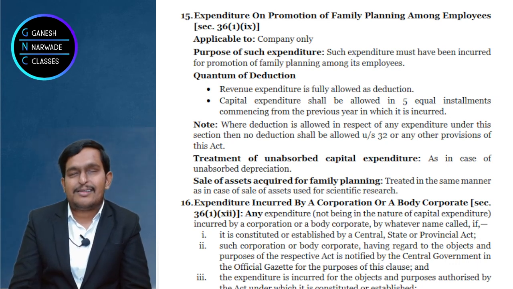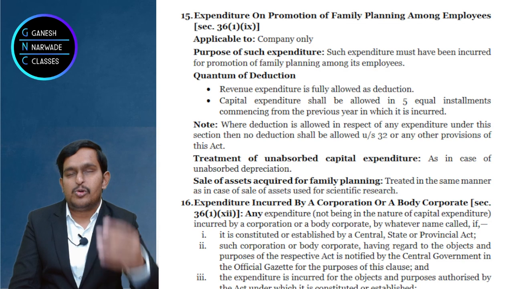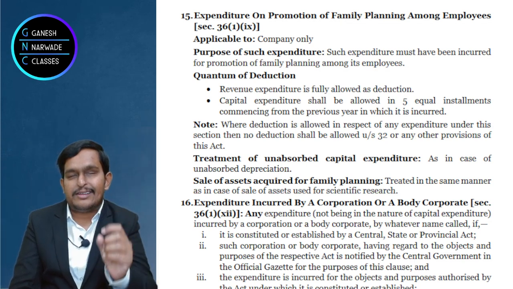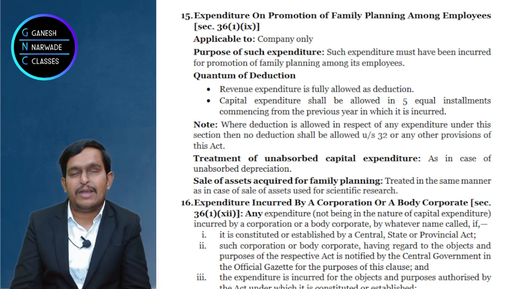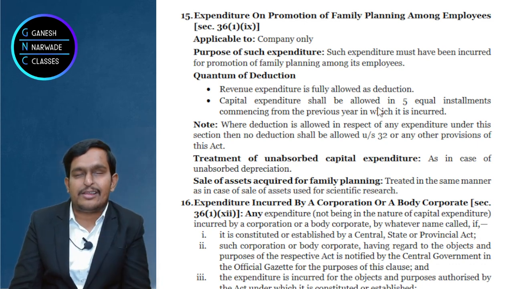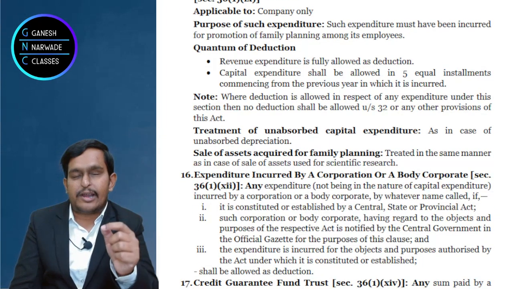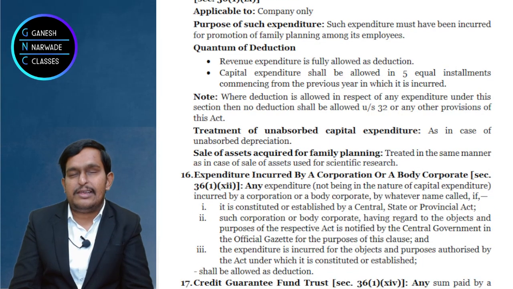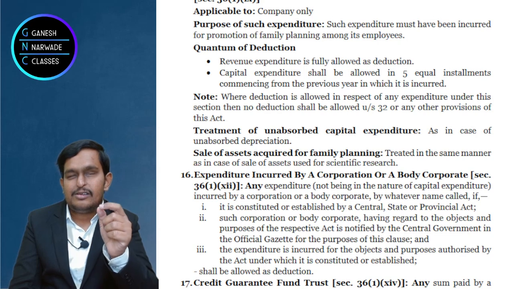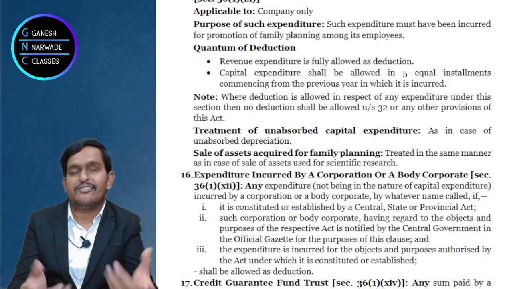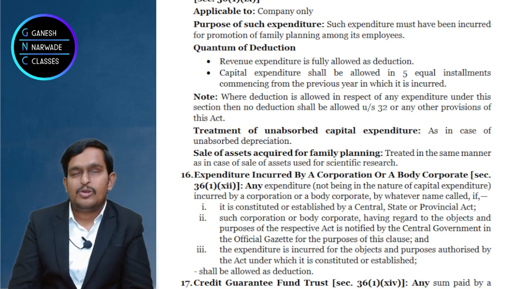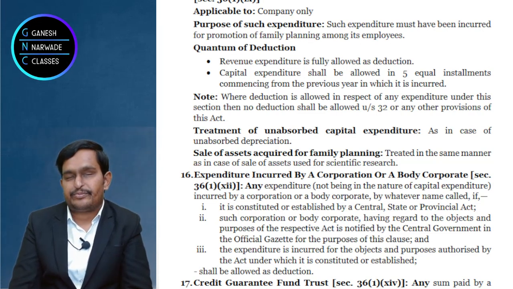Sometimes what happens, you have all the incomes minus expenditures, like even revenue expenditure on family planning, capital expenditure which is one-fifth allowed, that you try to claim, but the income is less. So what should we do? We cannot claim the deduction because income is not sufficient. So we call it unabsorbed family planning expenditure.